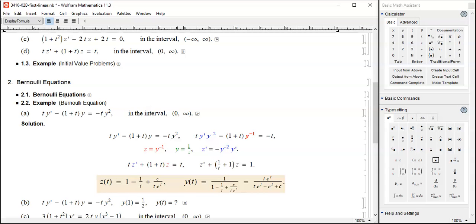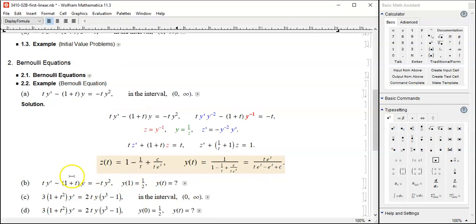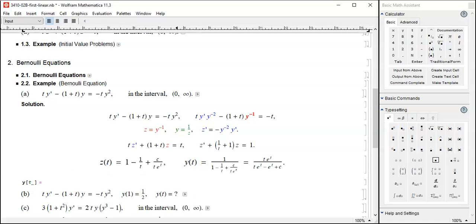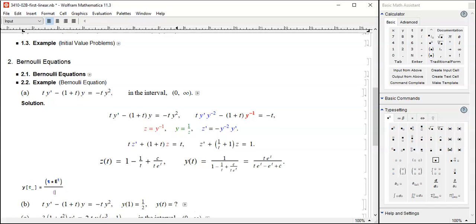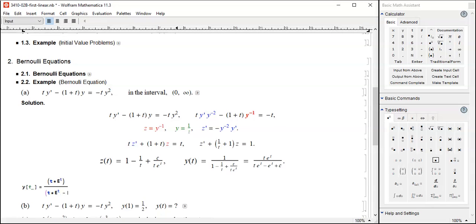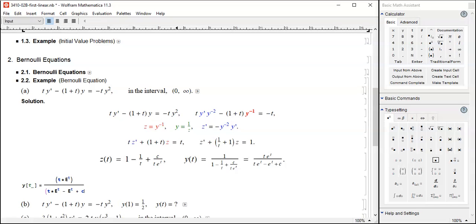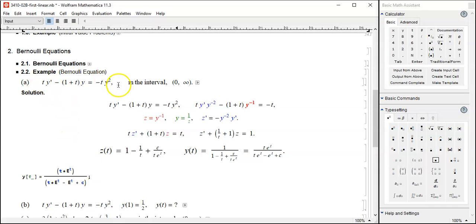There goes my final answer. Shall we check? Y of t equals t times e to the t power over t times e to the t power minus e to the t power plus c. Okay, and then let's put this one in.